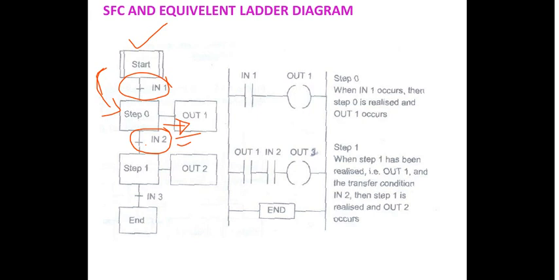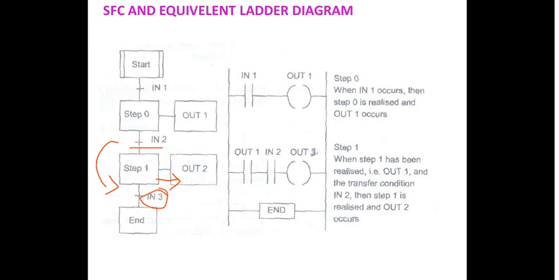Here I have got IN3, one more transition, but that is meaningless because it will take my sequential function chart to an end label. Therefore you need not draw the IN3 transition there. After your output 2, your sequentially configured task is virtually over. This is how you should interpret this sequential function chart.